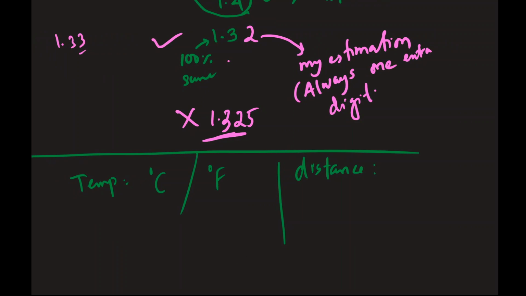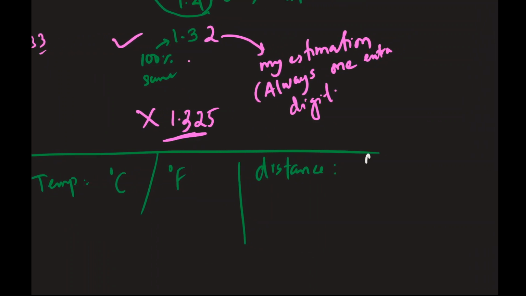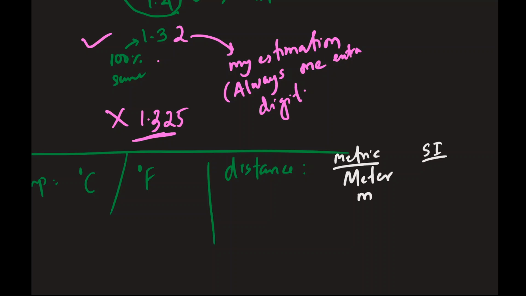There are a lot of units, but we're going to be using metric and SI units. The metric unit for distance is meter, which is m, and the SI unit is also meter. SI stands for scientific international standard.